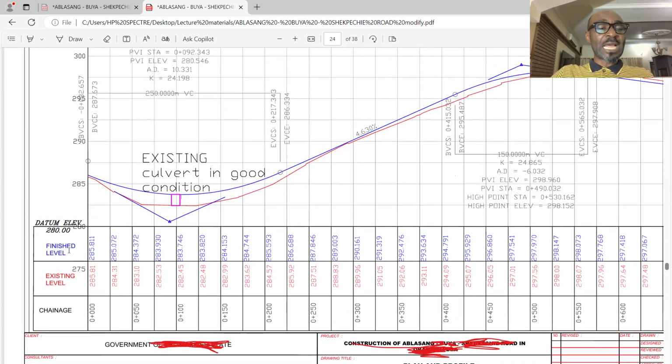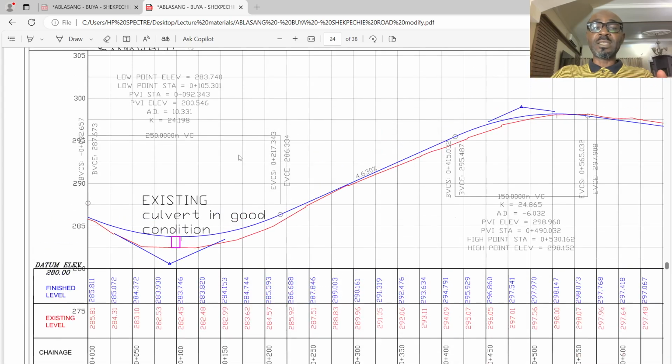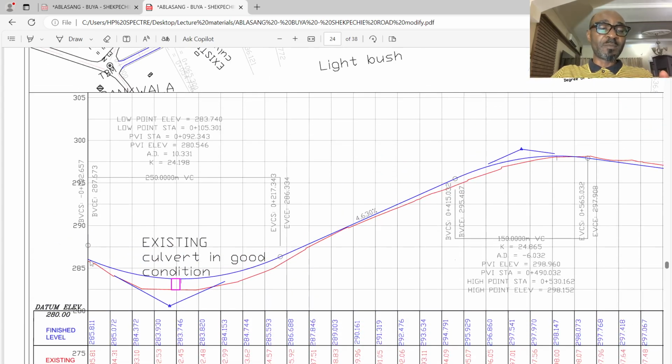So basically what I did is to take my formation level, which is the blue. You see the design showing me the blue line going all through is the formation level, while the red line is the natural ground level. So they took the reading on this plane.